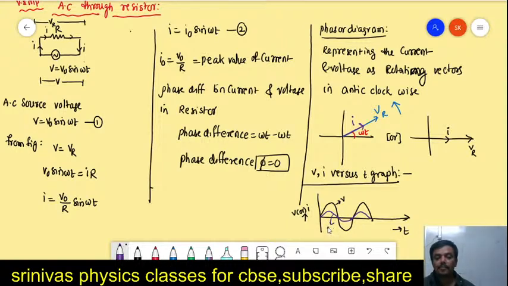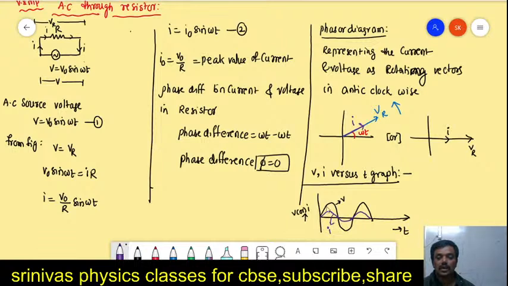This is the current graph and this is the voltage graph. This is about AC through resistor. Next, I want to write AC through capacitor. Any doubt, students?